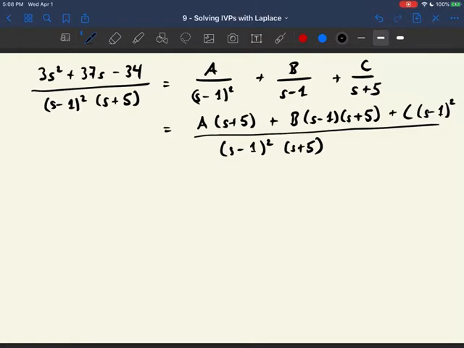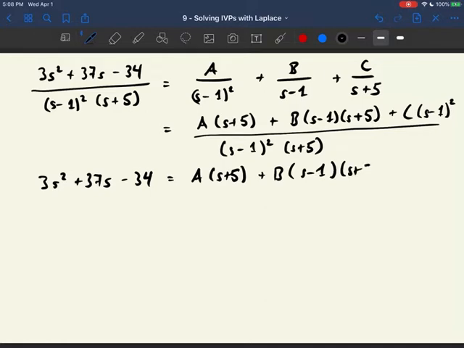All right, so that's a lot going on. We have the same denominator on both sides, so in order for these functions to be equal, the tops have to match. So 3s squared plus 37s minus 34 is equal to A times s plus 5 plus B times s minus 1, s plus 5, plus C times s minus 1 squared.